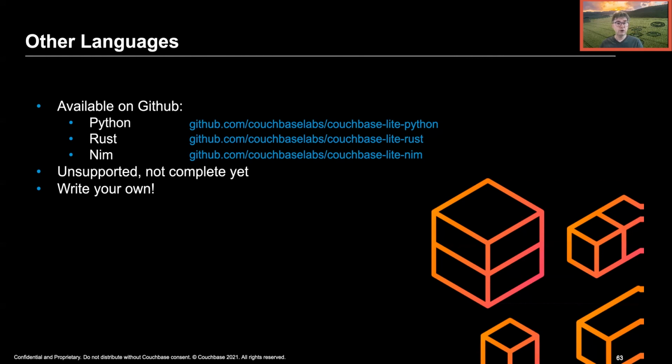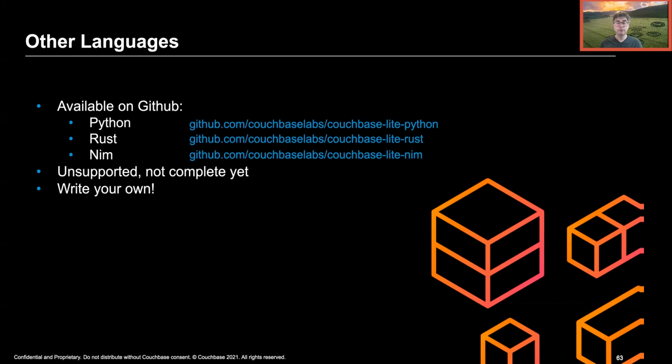All of these are definitely unsupported. They are incomplete. They have not really been fully tested. They're mostly proofs of concept, but we know people have asked us many times about Python and Rust bindings in particular. So we think people will find these useful, and they are open sourced, they're in GitHub, and we would love to take pull requests for improvements and bug fixes.